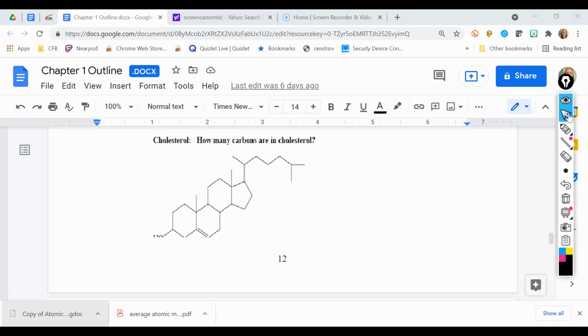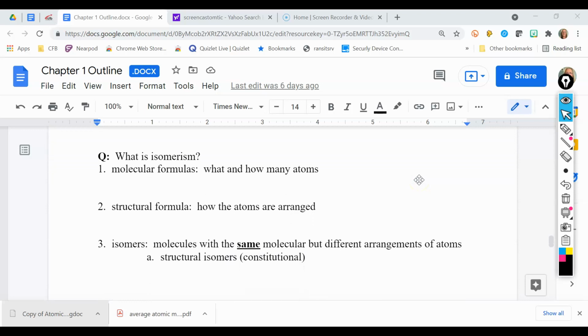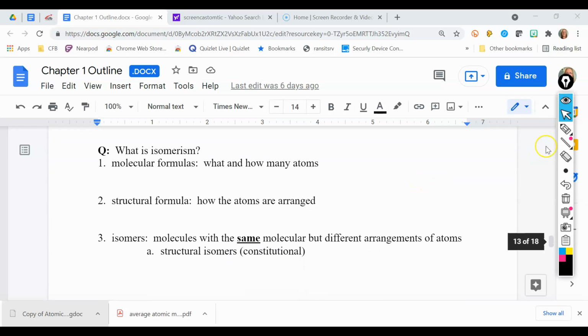Okay, so let's go ahead and move things along to what is isomerism. You know what a molecular formula is. A molecular formula shows the numbers and types of the elements in the compound, so there's CxHyOz, given the fact that we might have some carbons, some hydrogens, and some oxygens.